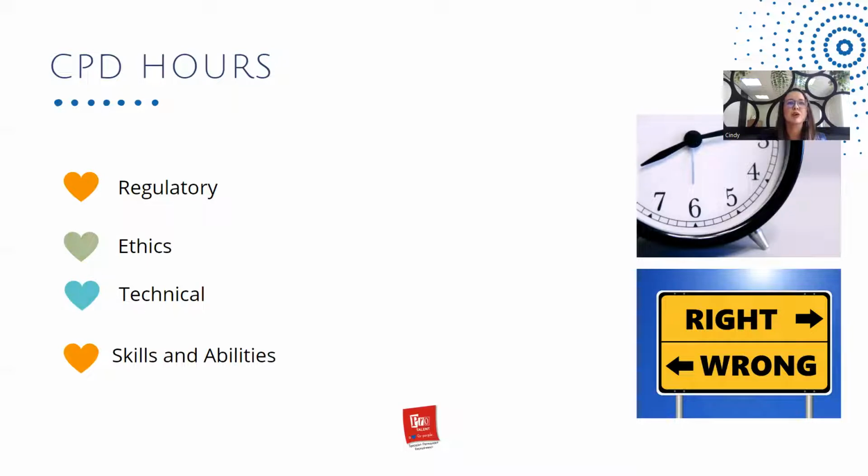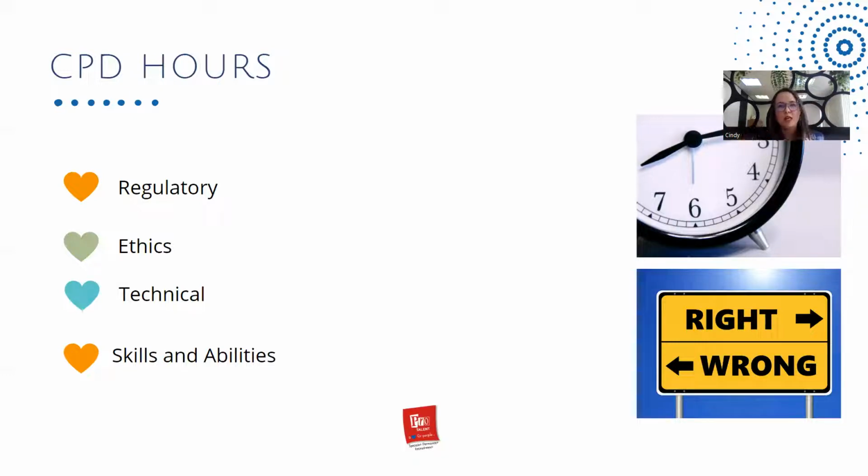The regulatory is more about your knowledge and understanding of the applicable laws in the financial sector. Ethics is about the ethical standards. Technical is your generic knowledge and understanding of the environment and of these financial products. And the skills and abilities is all about best practice in terms of practice management.